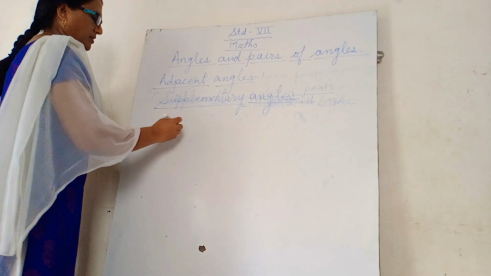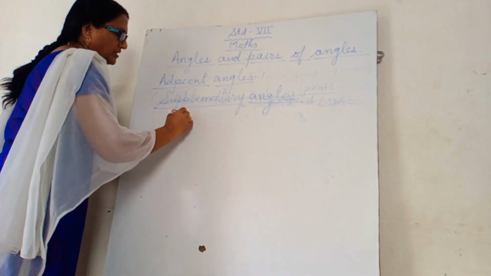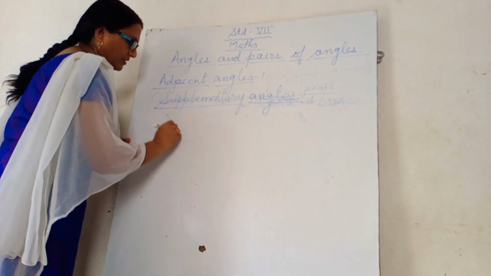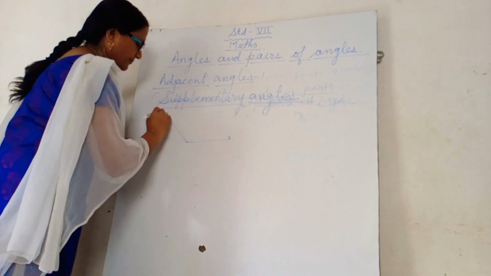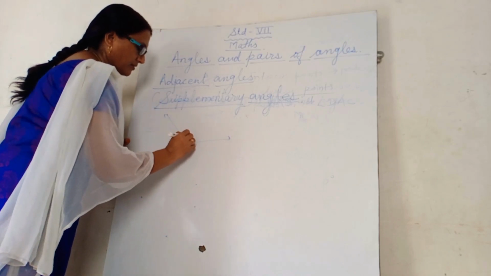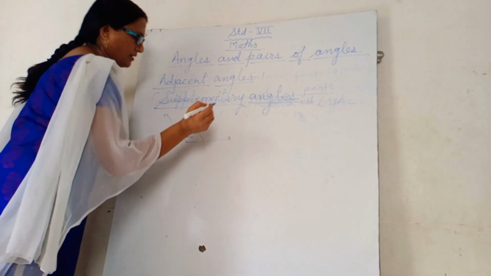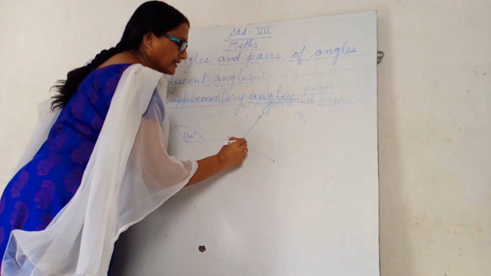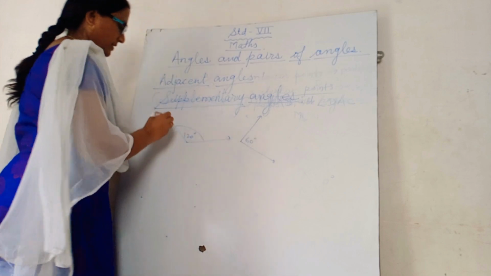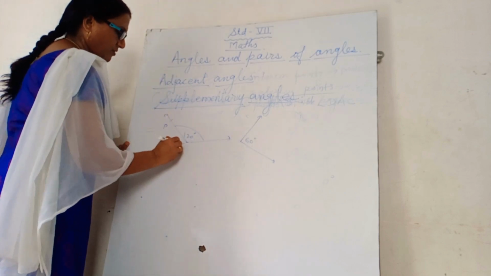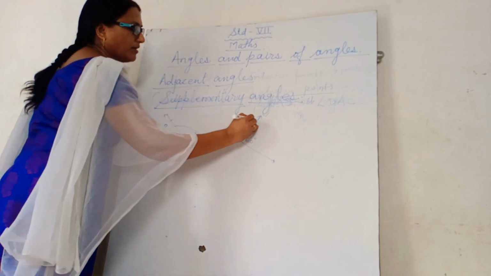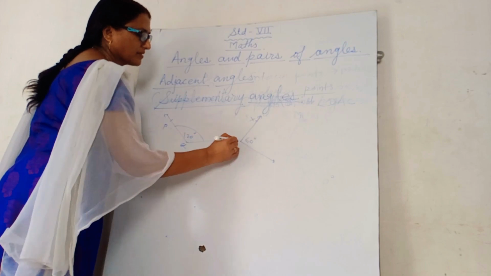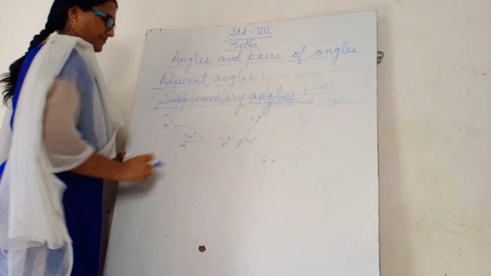Okay. Suppose one of the angles is given as 120 degrees and this one is of 60 degrees.